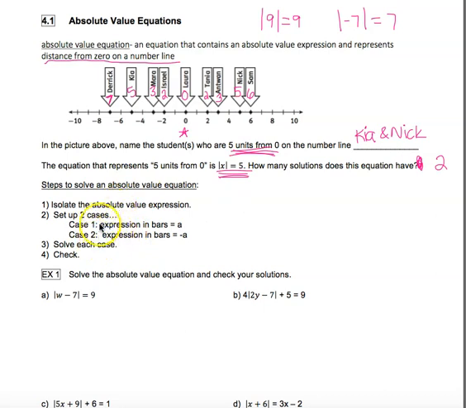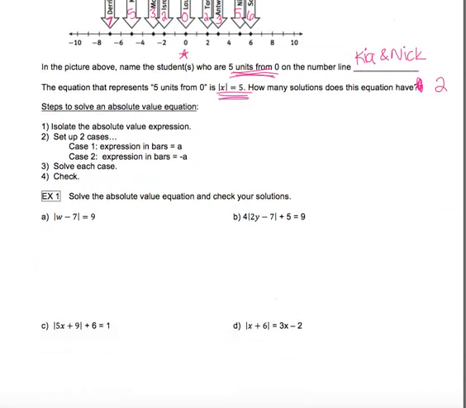And we're going to set up 2 cases every time. Now, sometimes when we set up the 2 cases and then solve, when we go to check, we find out that our solutions don't work. And in that case, then we might say that there's no solution or only one solution. But we're always going to assume that there are 2 when we set them up, because most of the time there are 2.